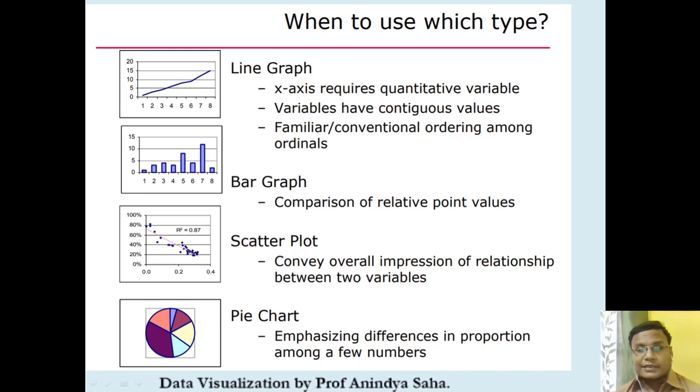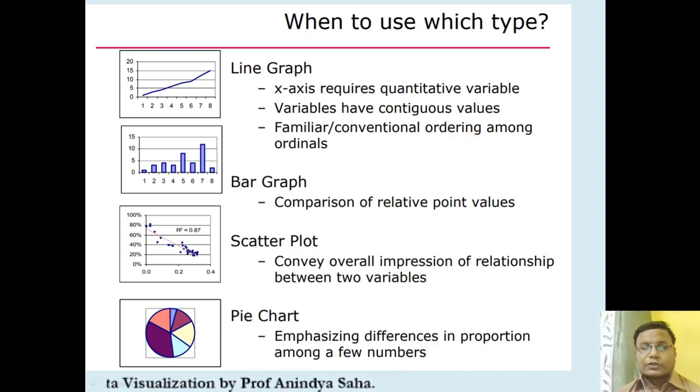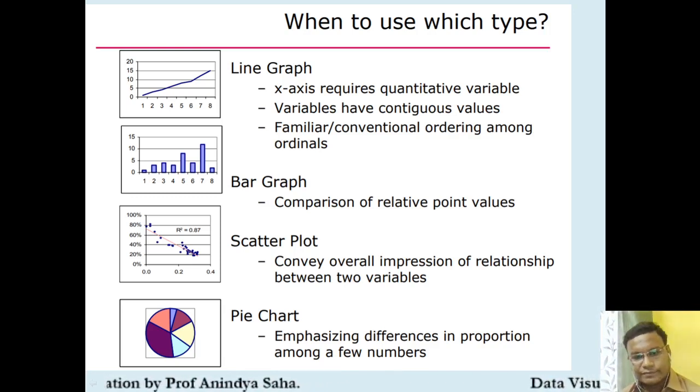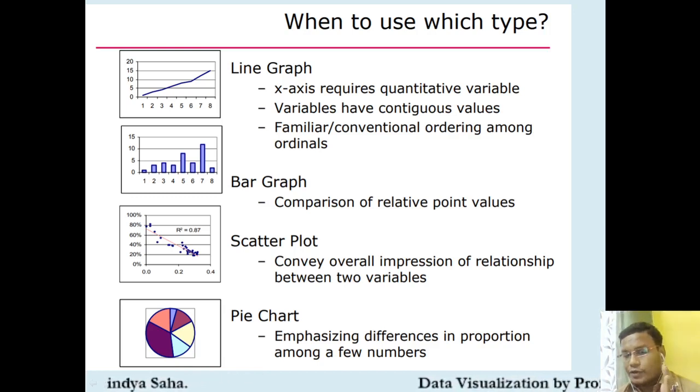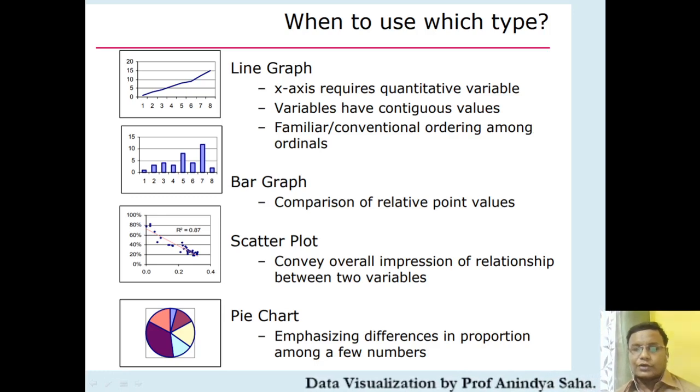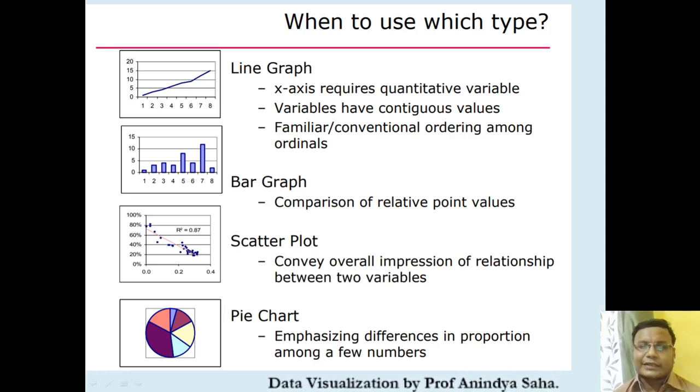Bar graph is a comparison between relative point values. Scatter plot conveys the overall impression of the relationship between two variables. Pie chart emphasizes the differences in proportion among a few numbers. If you remember these keywords, you can easily apply the particular visualization technique in your analysis.